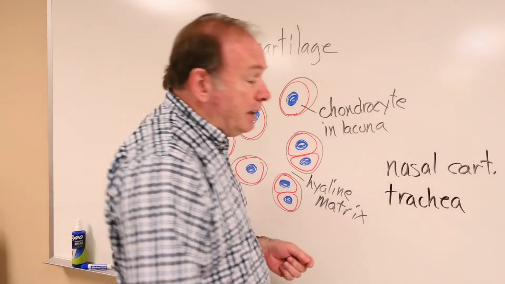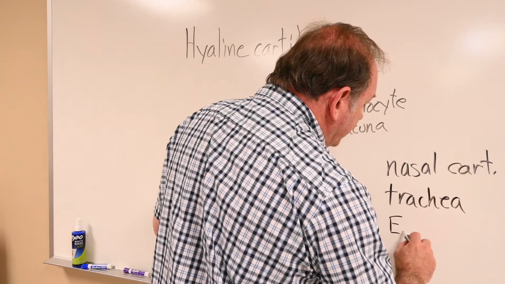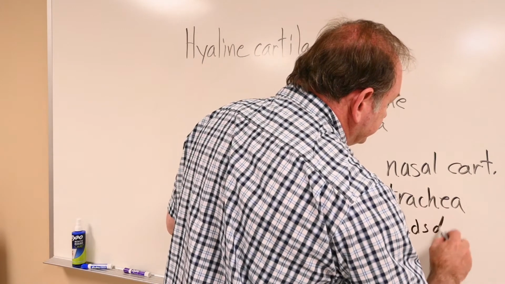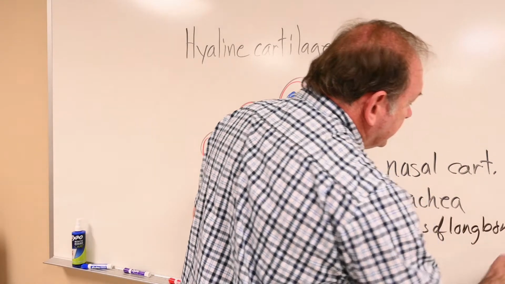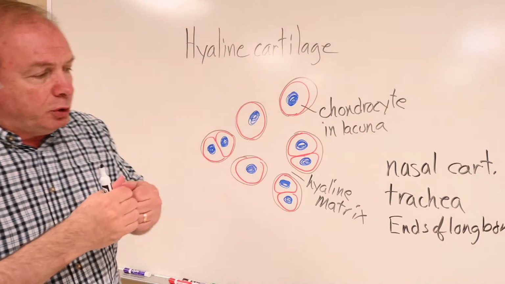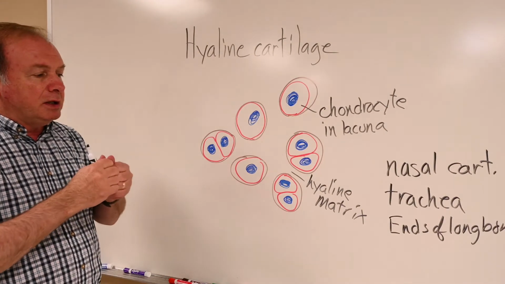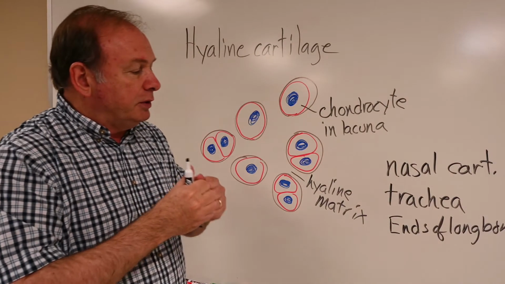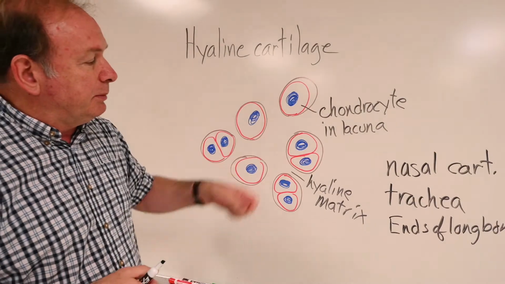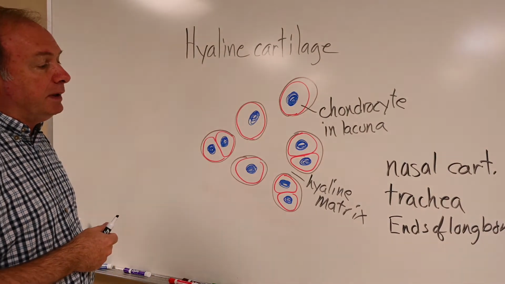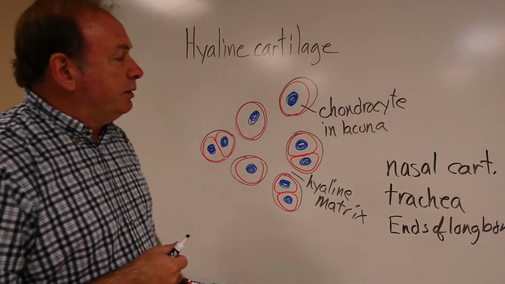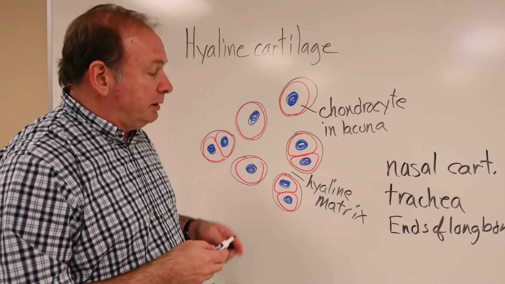I've already mentioned the ends of your long bones. At the joint, a place where the two bones meet and articulate, it is made softer and smoother by being this more plastic-like material, not bone itself. So those are some of the places where you'll find hyaline cartilage.